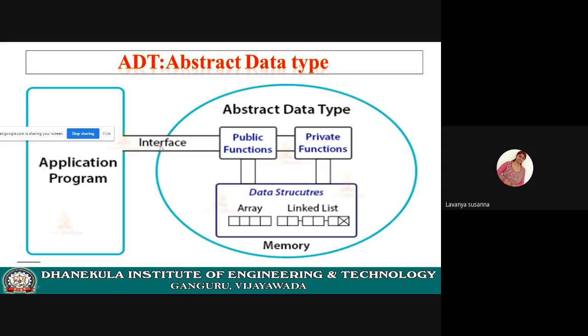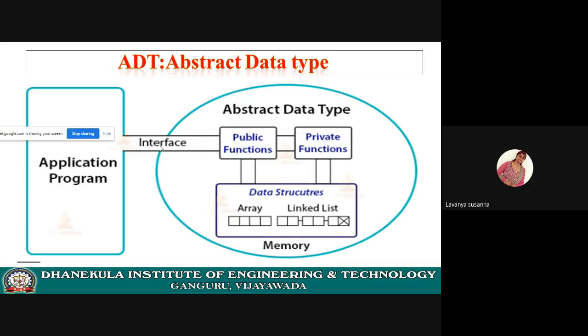Now, let us see abstract data type. Before discussing abstract data type, please recall the basic data types you have studied in your previous semester in C language. The basic data types are int, char, double, float. All these are basic data types, right?